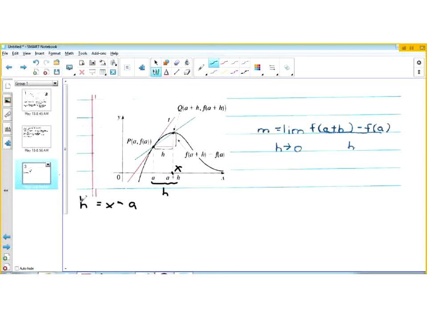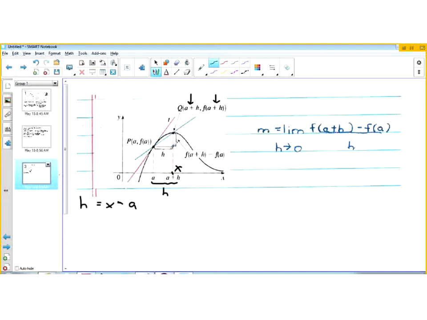And so if this is x right here, which is the abscissa of Q, then x minus a is equal to h. And so if we make the substitution, as I did previously, the abscissa of Q then becomes a plus h, and the ordinate becomes f of a plus h.